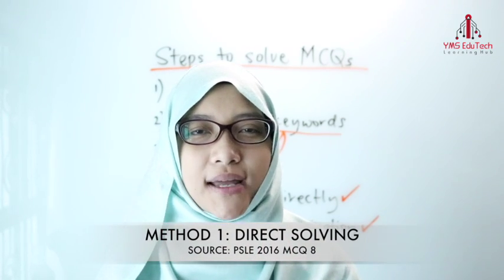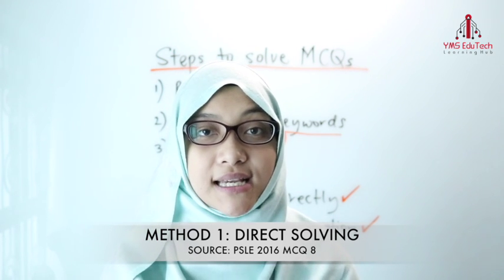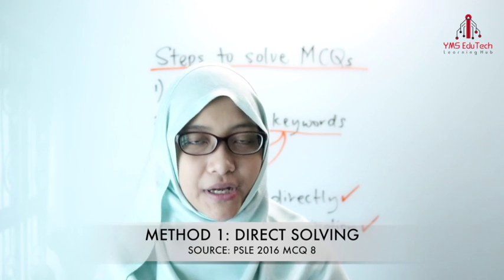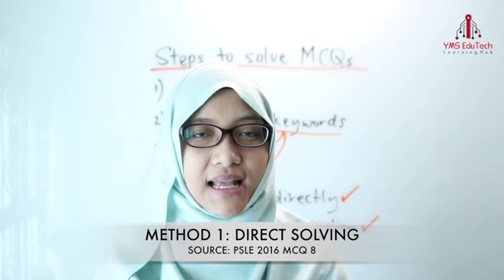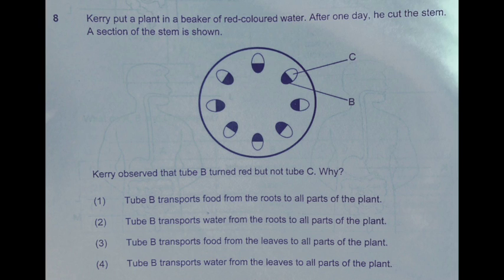So now let's take a look at a question where you can answer directly. This question is taken from the PSLE 2016 paper, question 8. So first, let's read the question together. Carrie puts a plant in a beaker of red-colored water. After 1 day, he cut the stem. A section of the stem is shown.